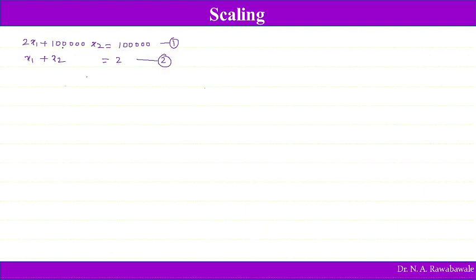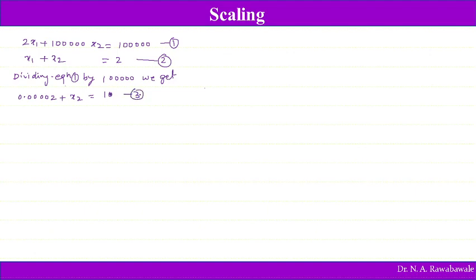Dividing the first equation by 1 lakh, we get the first equation as 0.00002 x1 plus x2 is equal to 1. So this is equation number 3.